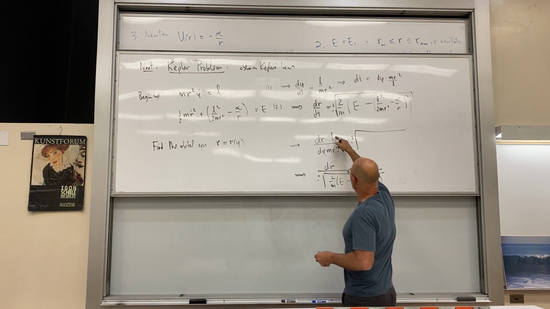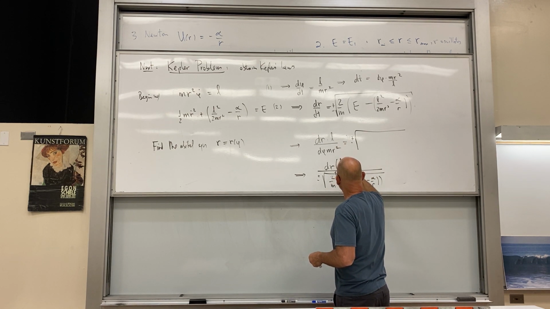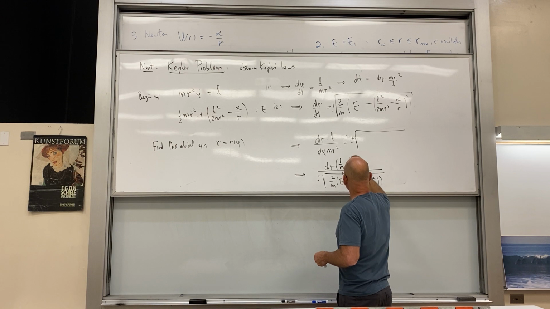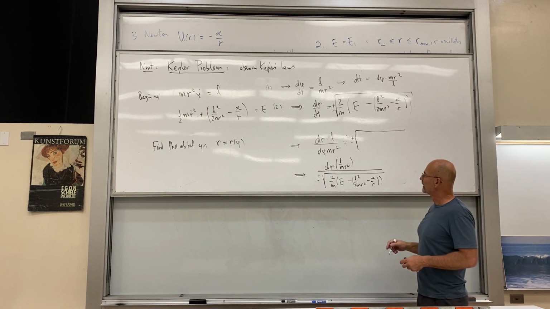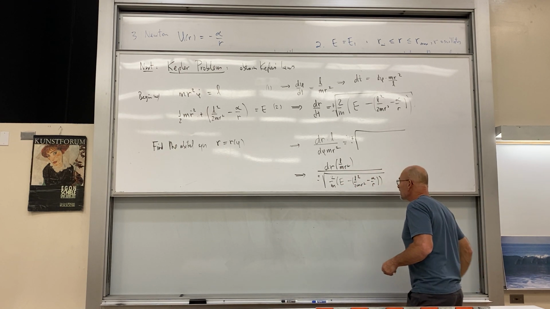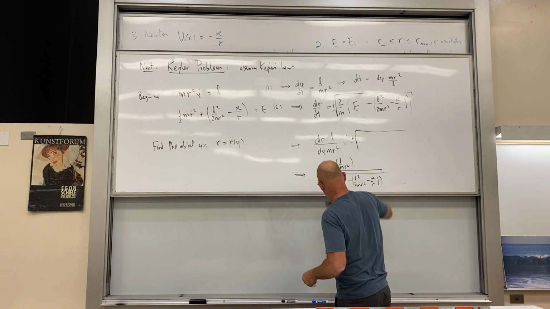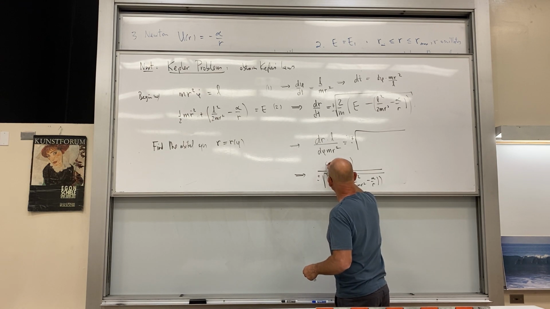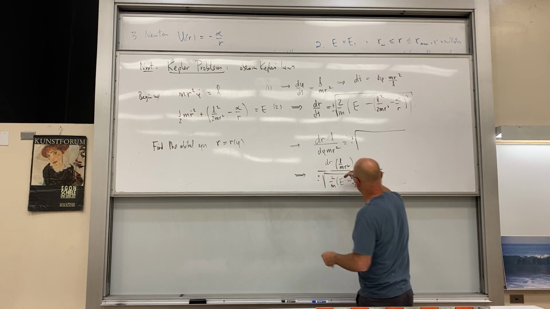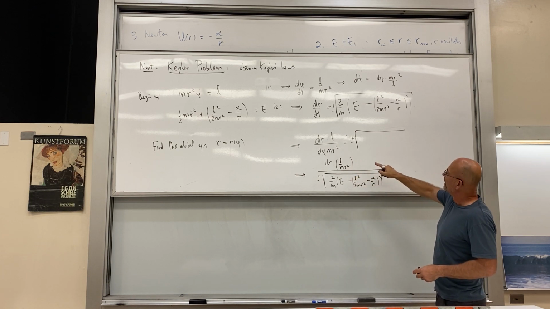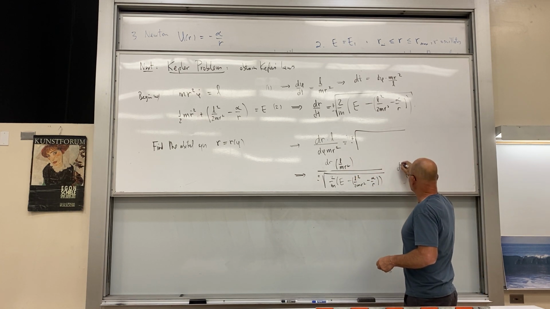Make sure we don't mess this up. So the dr is in the numerator, L over mr squared, and over here we have d phi.